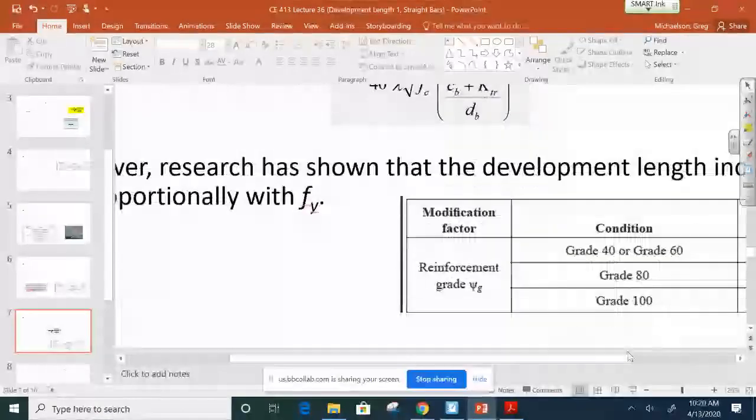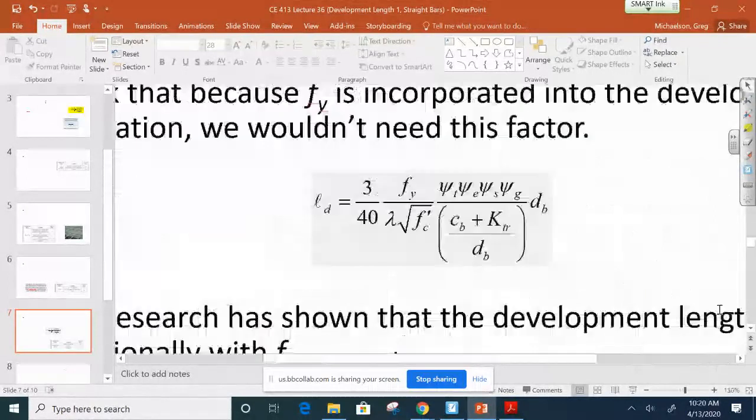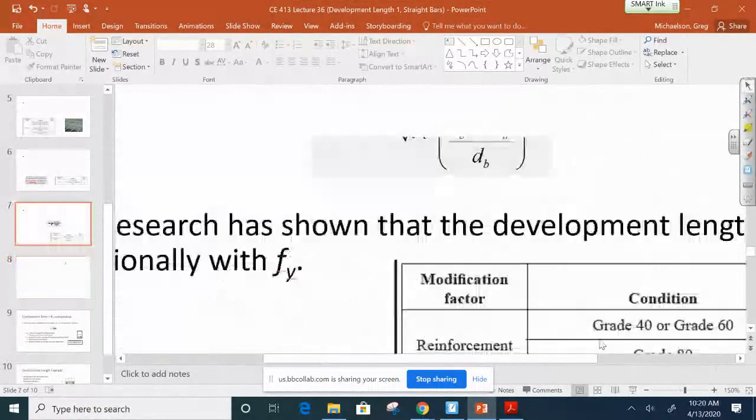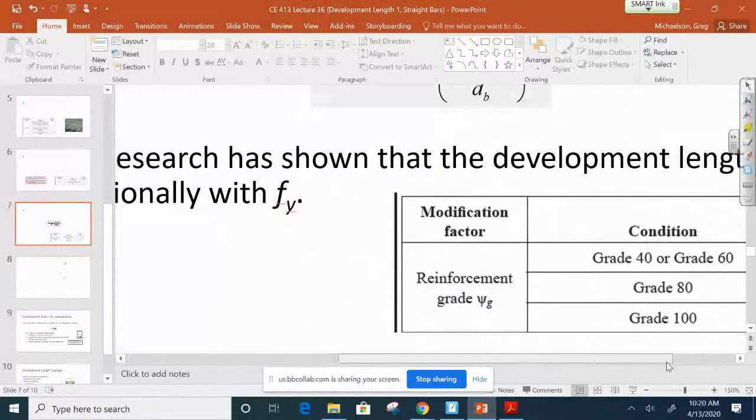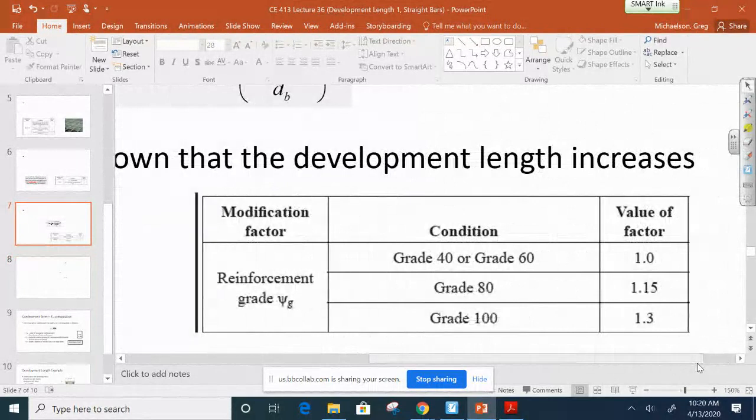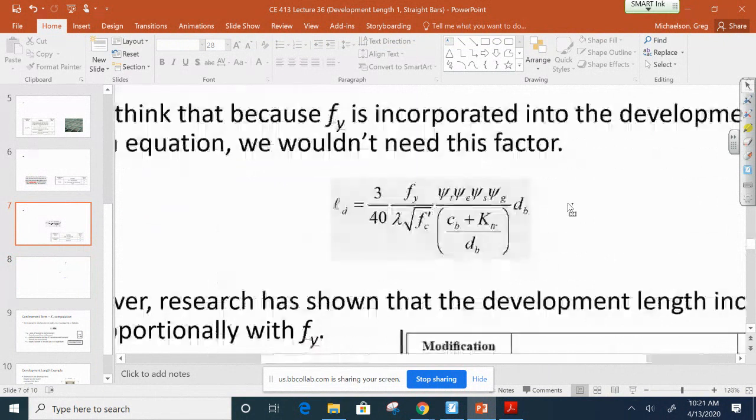Again, the default value is 1. In most cases we've got a reinforcement grade factor of 1 when we're dealing with grade 40 or grade 60 rebar. Whenever we're dealing with really high grade rebars like grade 80 or grade 100, we have to bump that up a little bit.